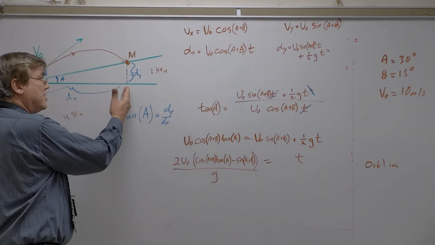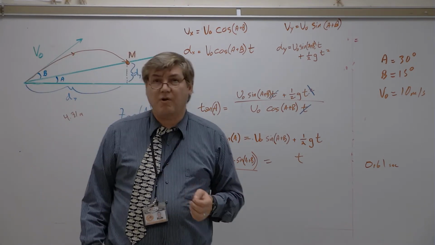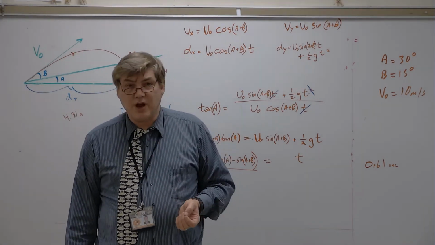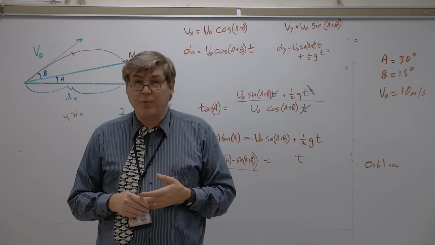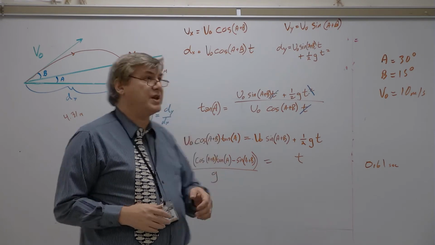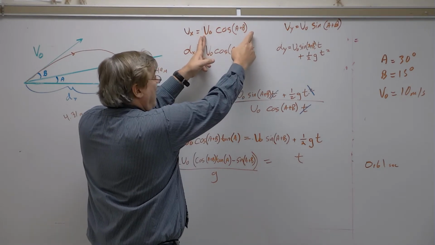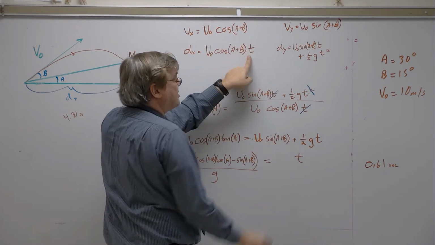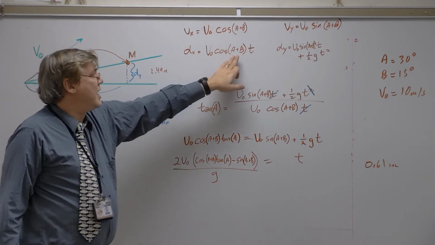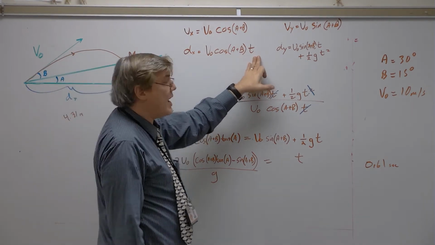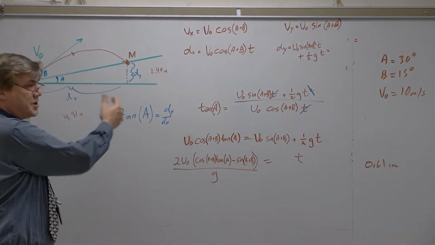Since there's no effect of gravity or acceleration there, I just use my distance formula, which is distance is equal to velocity times time. So here's my velocity, V naught cosine of the sum of the angles times time. So V naught cosine A plus B times time is my horizontal distance in x.